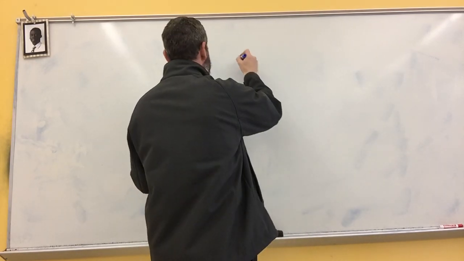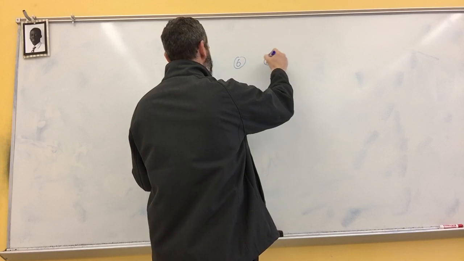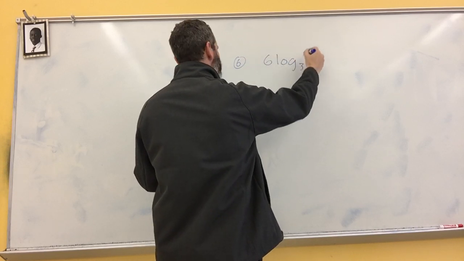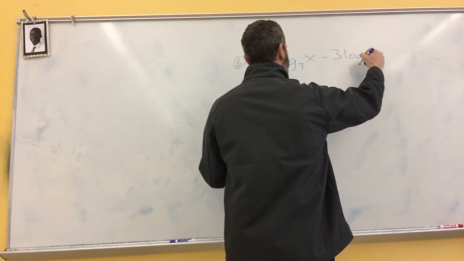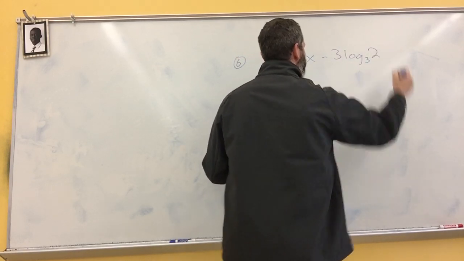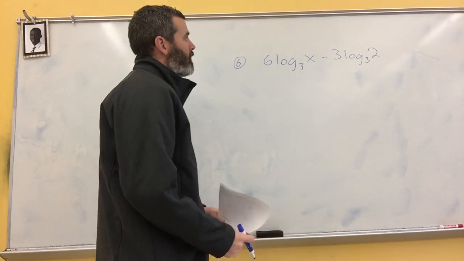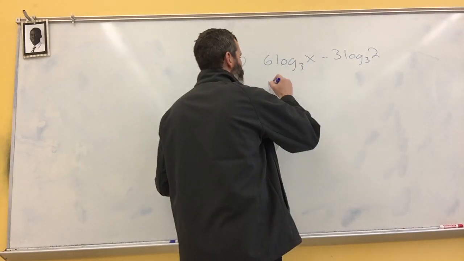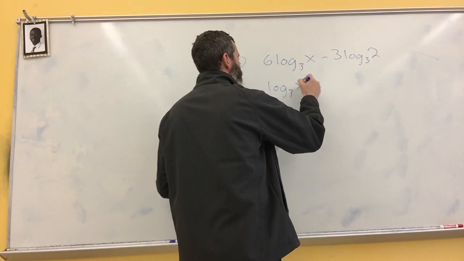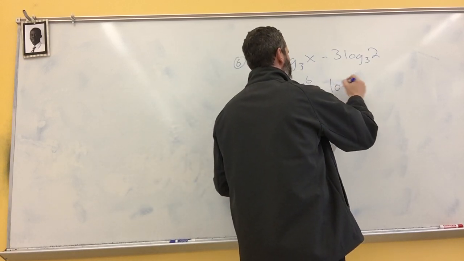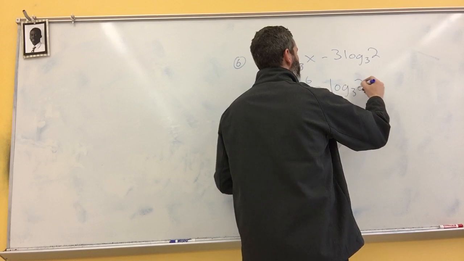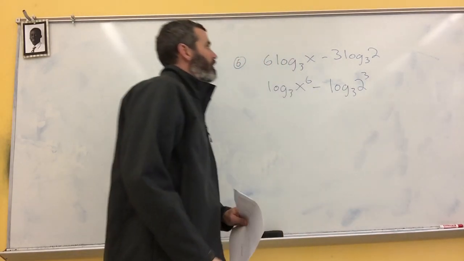Number 6. 6 log base 3 of x minus 3 log base 3 of 2. All right, so first step, power. Do my 2 power properties: log base 3 of x to the 6th minus log base 3 of 2 cubed.